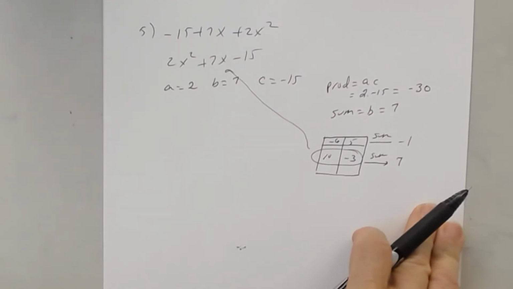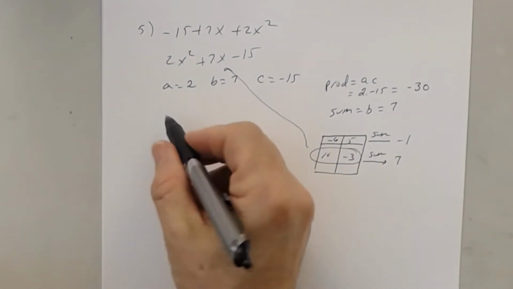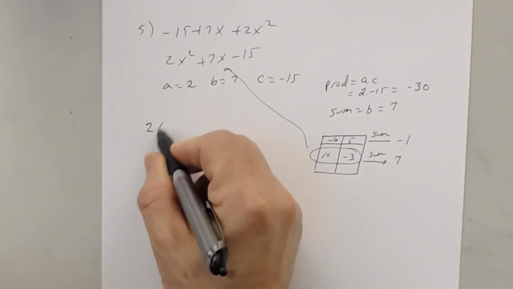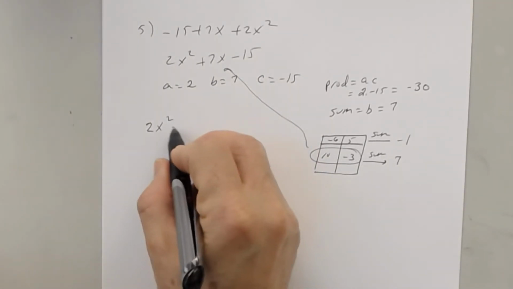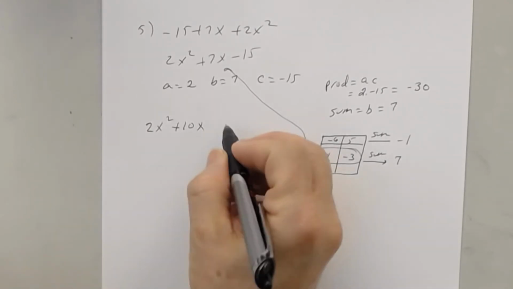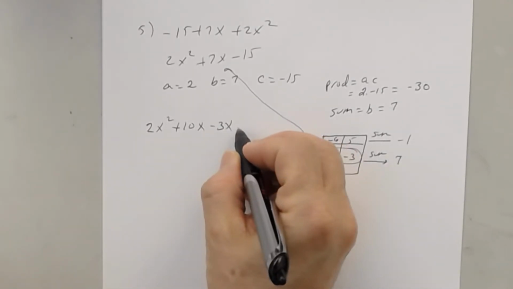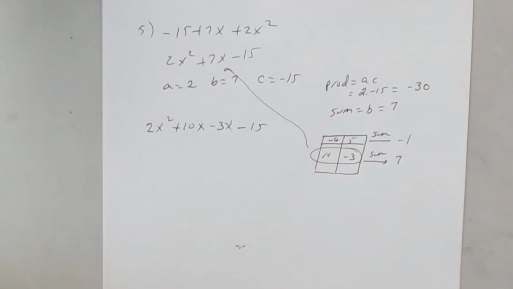Does not matter whether you put 10x first or negative 3x. So tell me what you want to write. 2x squared plus 10x minus 3x minus 15. Okay. So I rewrote 7x using 10x minus 3x.